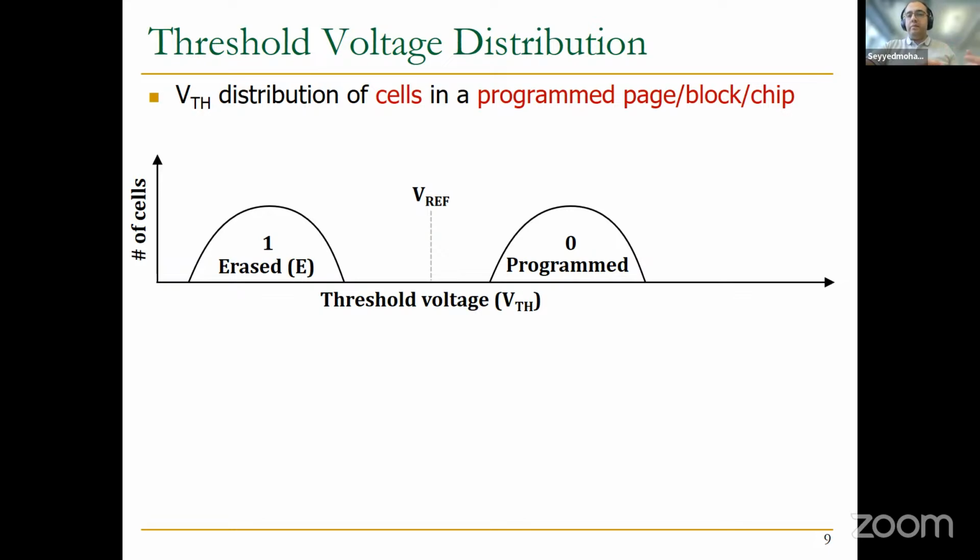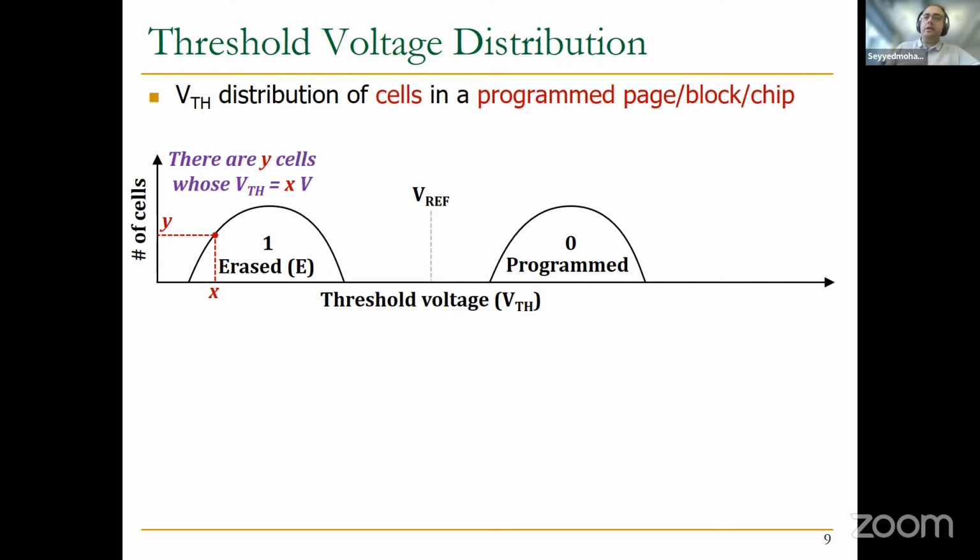In each plane, we have many blocks, and in each block, we have many pages. So basically, we have this distribution of threshold voltage among the different cells, which means that there are Y cells whose VTH is X. So you can see that it's not going to be a perfect threshold voltage.